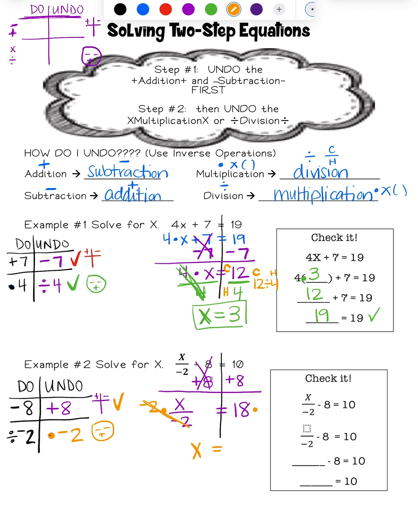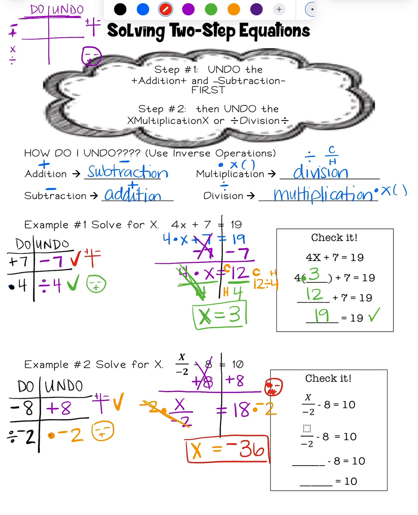So I'm going to come over here and multiply by -2 as well. And in this case, I am going to need my integer man because I'm multiplying with a negative. So my 18 was positive, my 2 was negative, so my answer will be -36 because 18 times 2 is 36. So that is my solution.